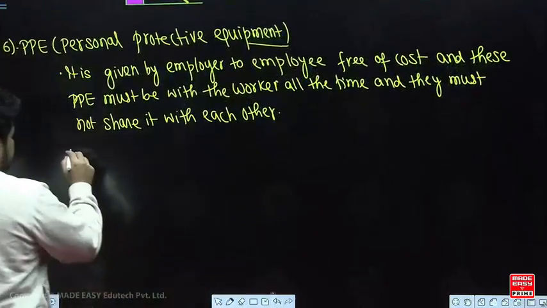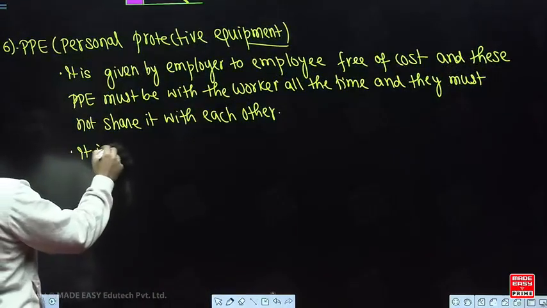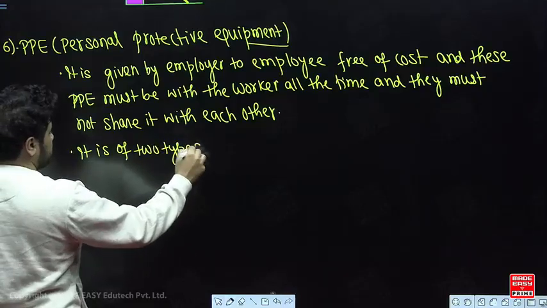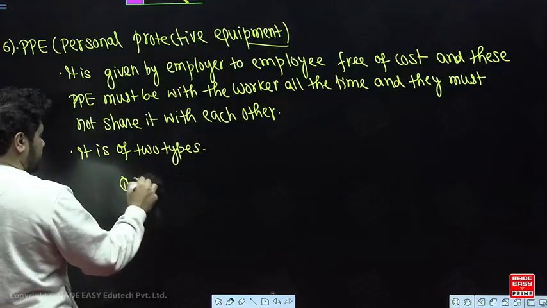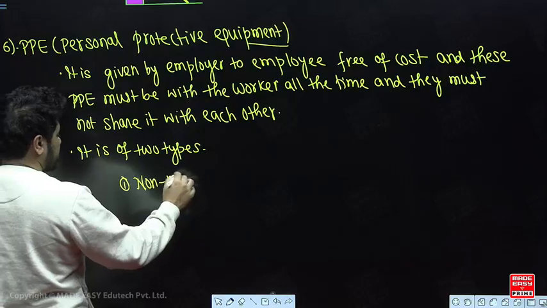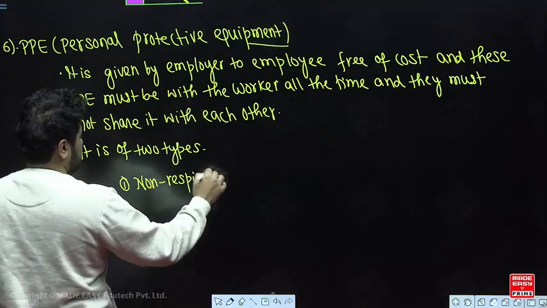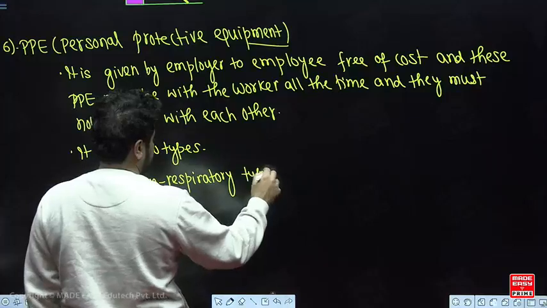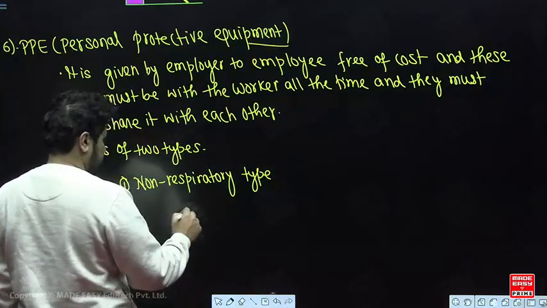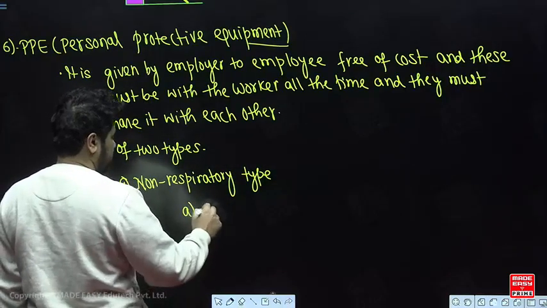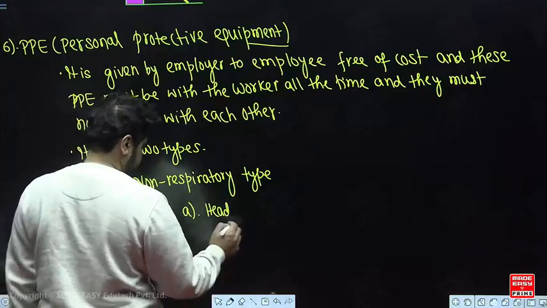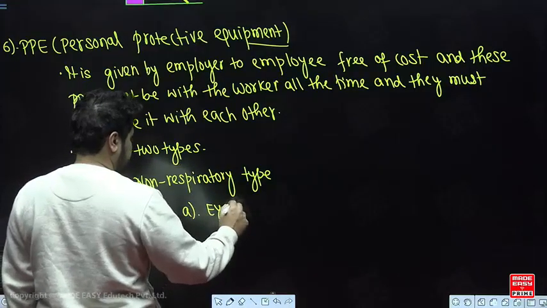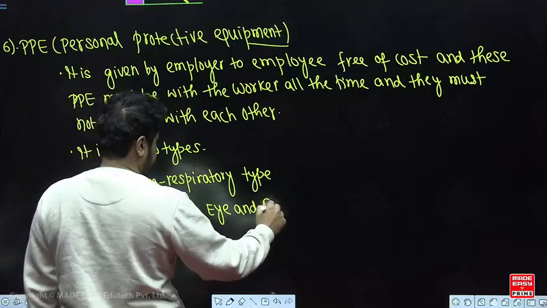Correct? So it is of two types. What are those? The first one is called non-respiratory type, meaning that which has nothing to do with breathing, non-respiratory type. Correct? What comes under this? For example, number 1 is your eye and face protection.